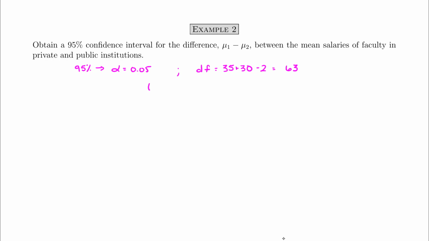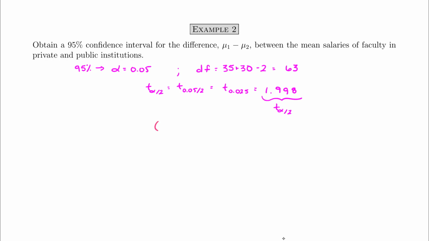We're looking for t sub alpha over 2, t sub 0.05 over 2. Now we already know the result here, but with 63 degrees of freedom and t sub 0.025, again we do have 1.998. So there's our value for t sub alpha over 2 in our equation that we're going to use to find the confidence interval.